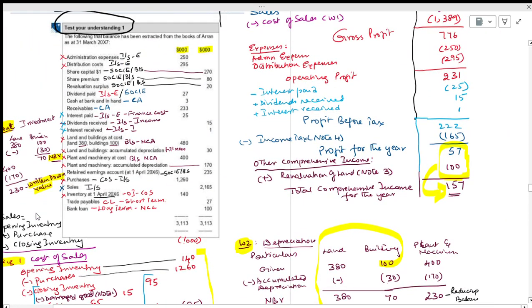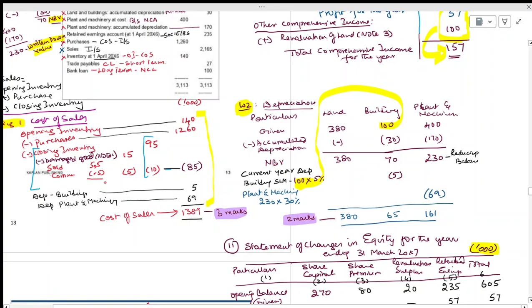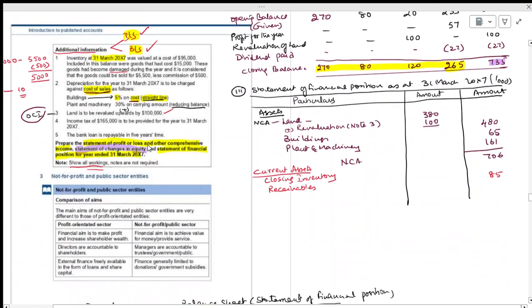Hussein, how much are the receivables? 233. No problem, I understand.